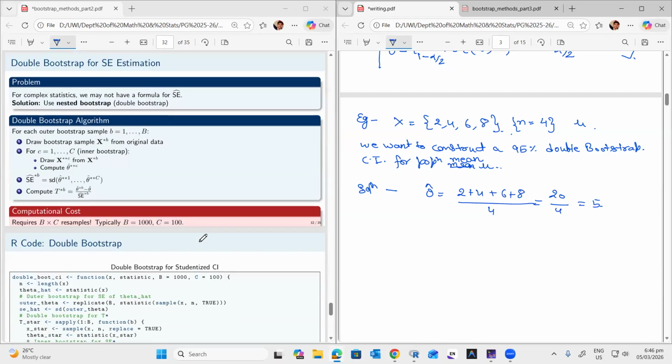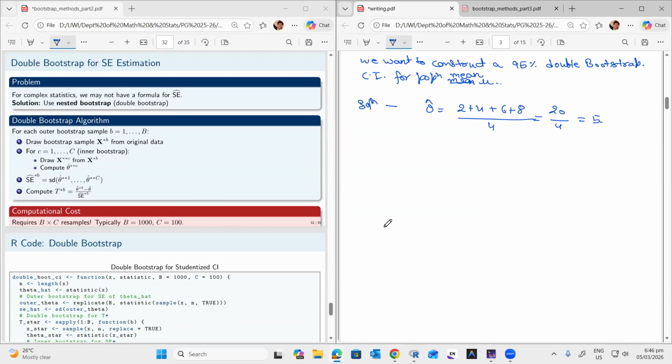Now we are going to choose small values of B and C. Choose B equal to 3 and C equal to 3. So B equal to 3 is our outer loop and C equal to 3 is our inner loop.